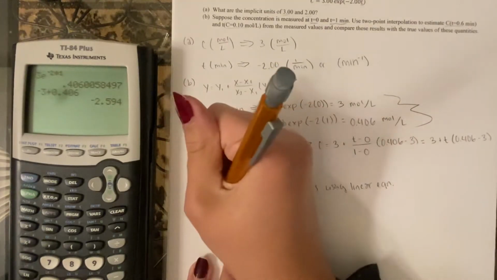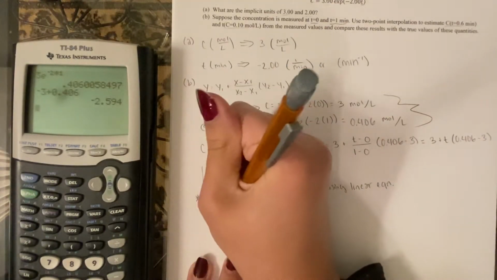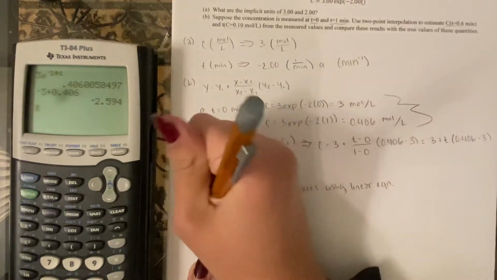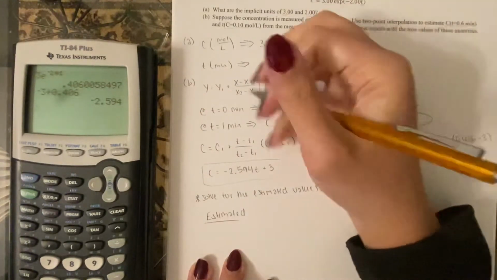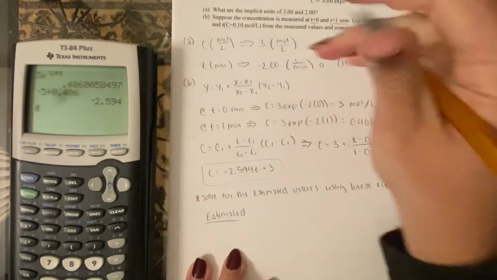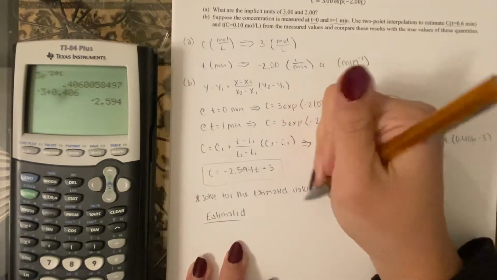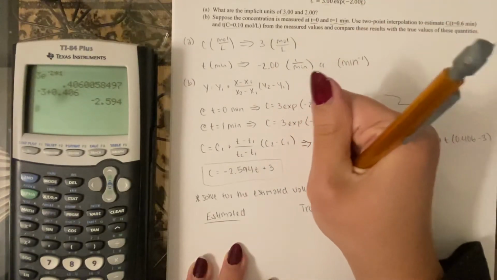So we're going to have our estimated values over here, which is what we get using this linear equation that we developed from the 2 points. And then we're going to have our true values over here.